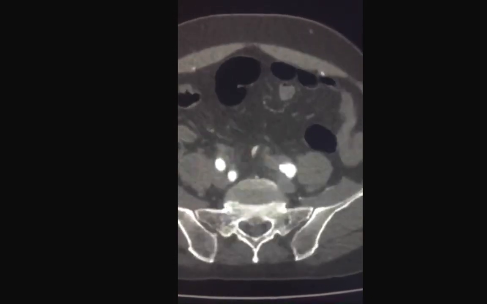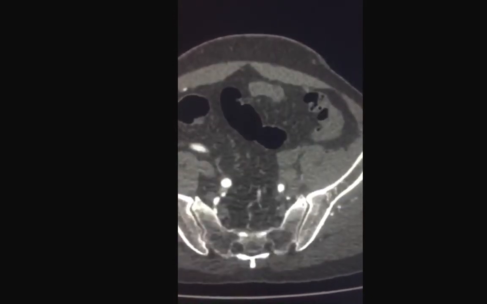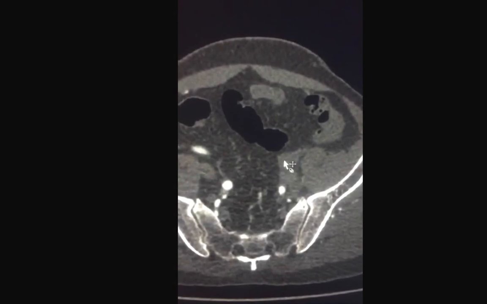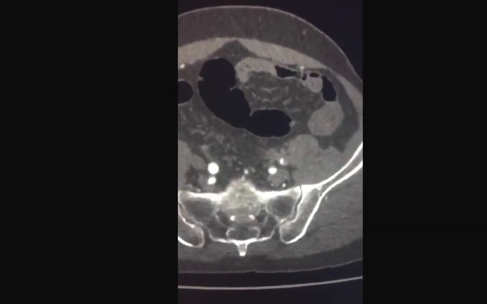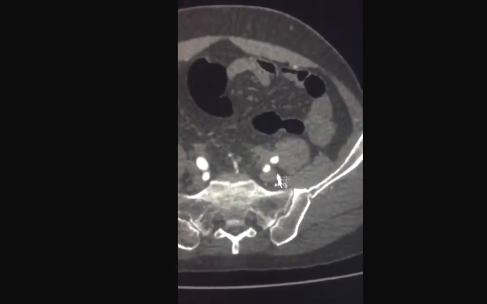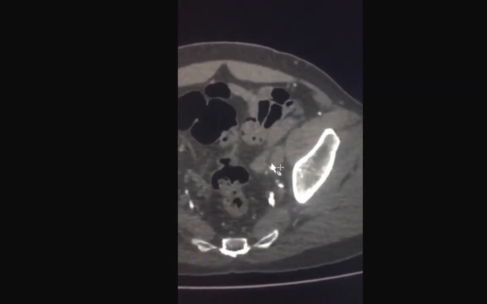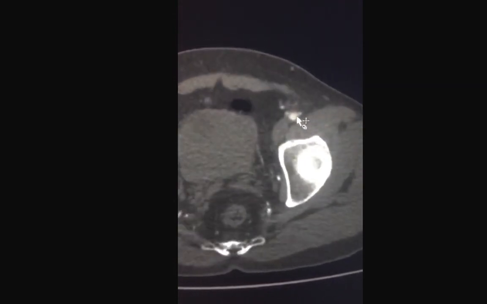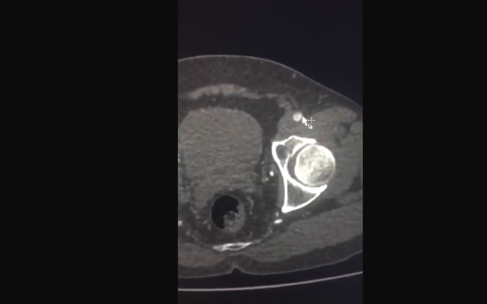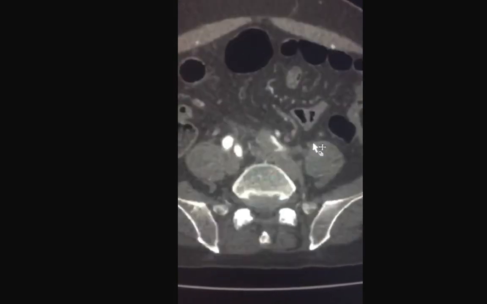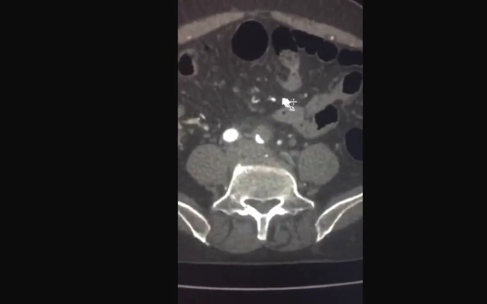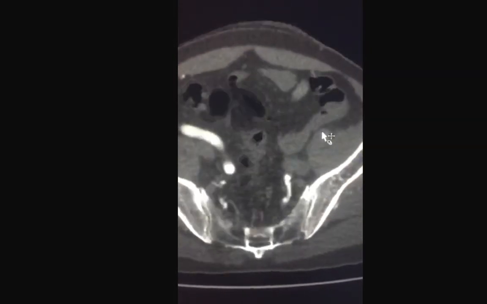Continuing all the way down, you'll notice that the common iliacs are involved, especially the left external iliac, which is totally occluded here. Again, this is the occluded external iliac. It goes all the way here and then reconstitutes again in this location within the inguinal canal. Seeing such vascular involvement, it's easier to understand that dissections could lead to bowel ischemia or limb ischemia as well.